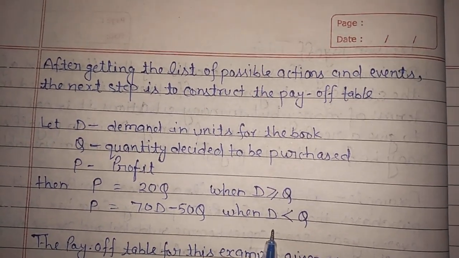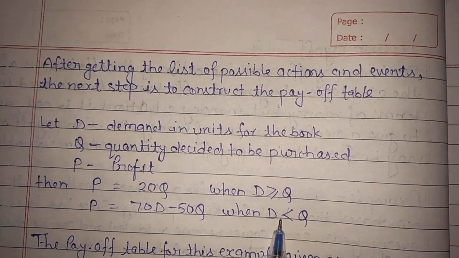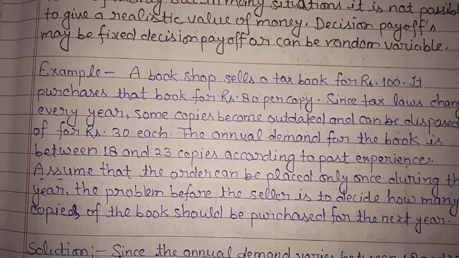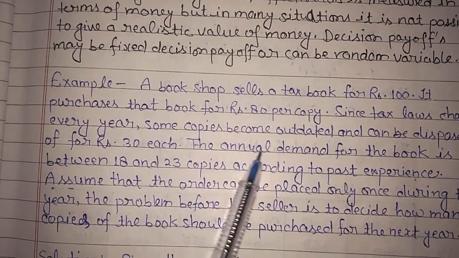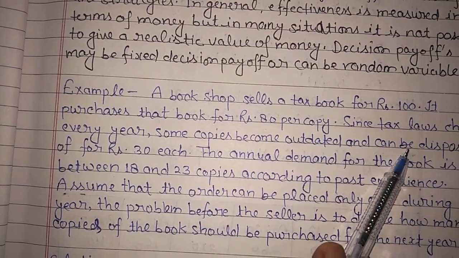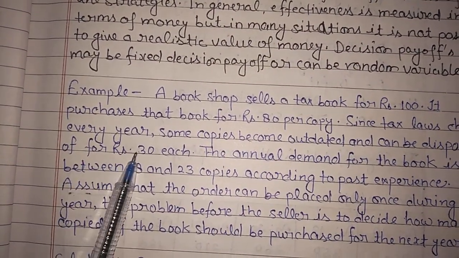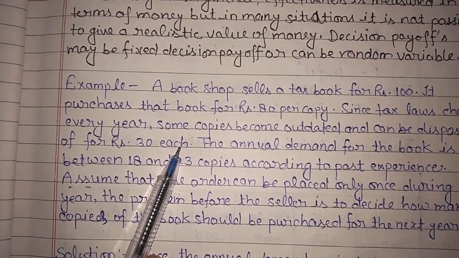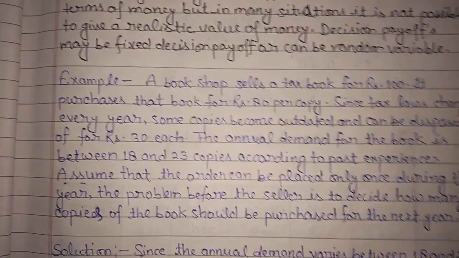But if demand is less than the quantity he decided to purchase, what will happen? He has to dispose of the unsold copies for rupees 30 each.